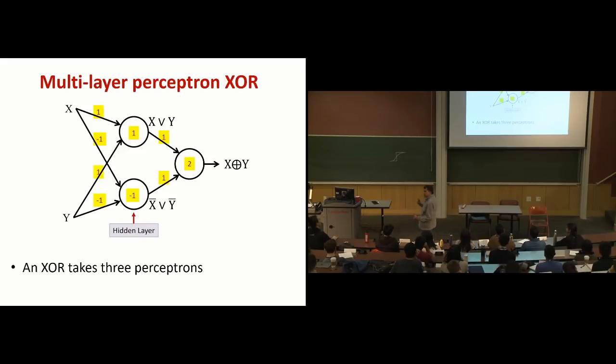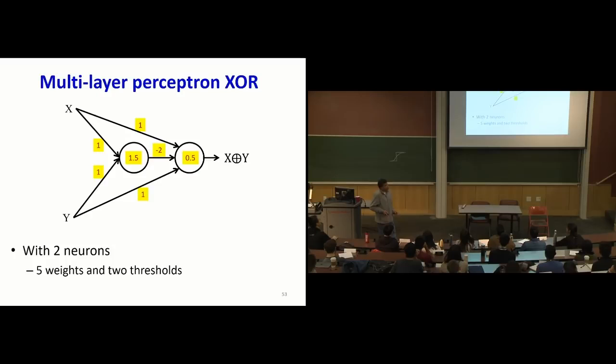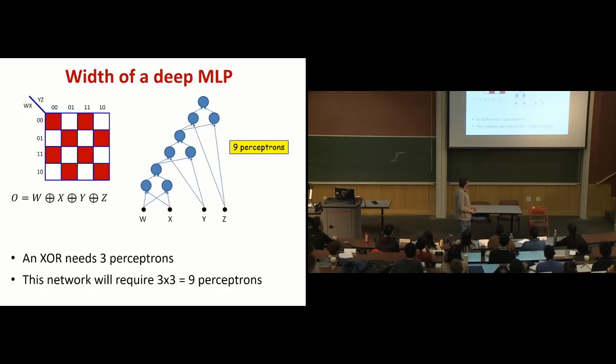And I can do this with 3 neurons and 6 connections, or I can do this with 2 neurons and 5 connections. So you can actually go below 3, but I'll use the 3 example for now, right? So in that case, here's how I can do this. For every pair of inputs, I can compute an XOR.